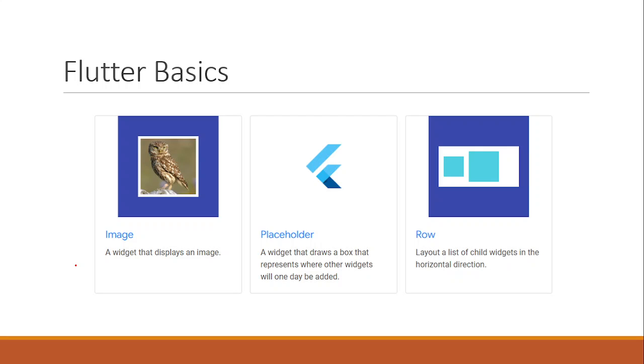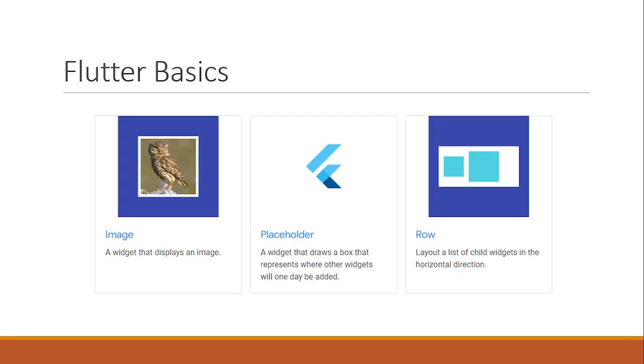So for sources of images, you can get them from the internet via URL or locally, so if it is stored in your assets folder within your application or from your gallery. And then next is we have a placeholder.